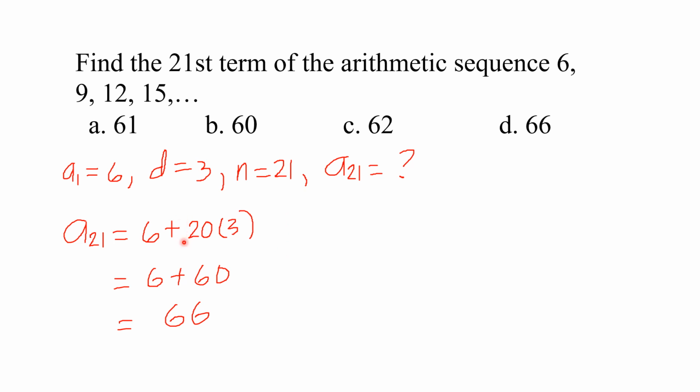We're going to use the nth term of an arithmetic sequence: a_n equals the first term plus n minus 1 times the common difference. Since the value of n is 21, we have 20 multiplied by the common difference 3, that is 60. Then 60 plus 6 is equivalent to 66. And the correct answer, of course, is letter D.